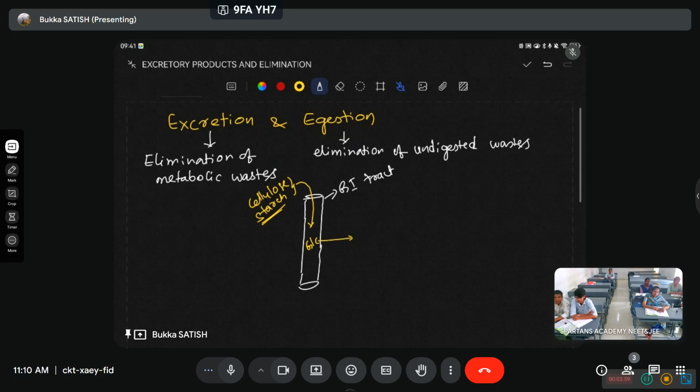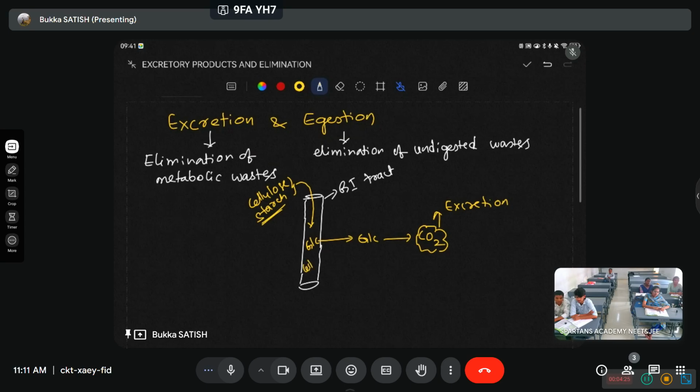Glucose will be taken into the blood. From there, it will go to the cell, where, for example, glucose is oxidized to carbon dioxide. That's what the respiration is all about, right? So, elimination of this CO2 is, what do you call this one? Excretion. Elimination of the CO2 is excretion.